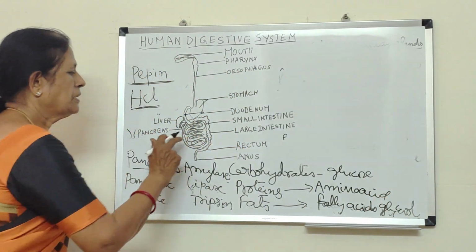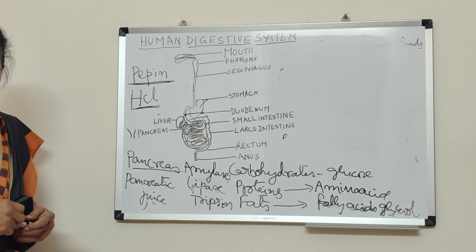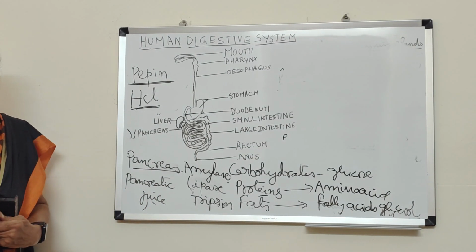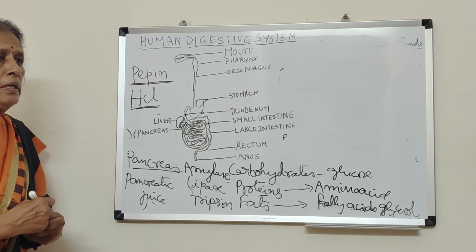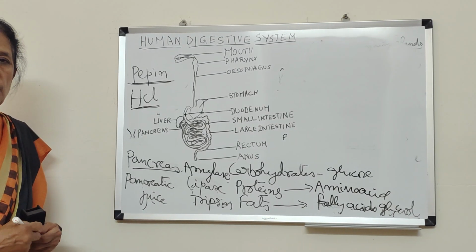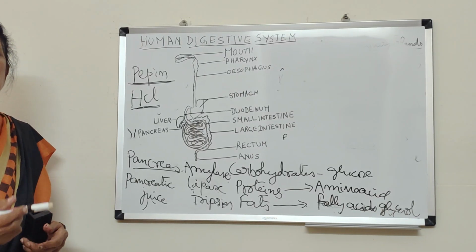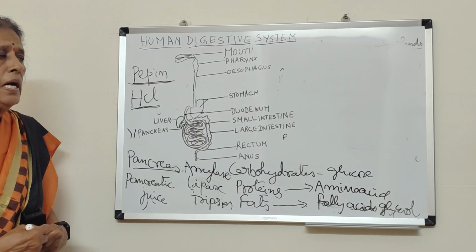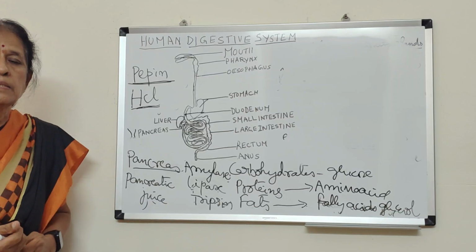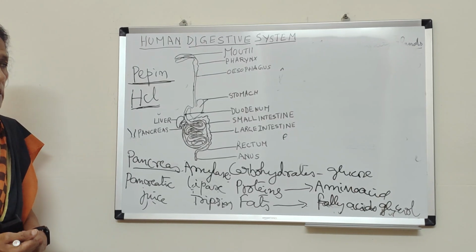Due to the action of various enzymes in the small intestine, sucrase helps in the conversion of maltose into the simple form, glucose. Peptones get converted into amino acids, and the emulsified fats get converted into fatty acids and glycerol.